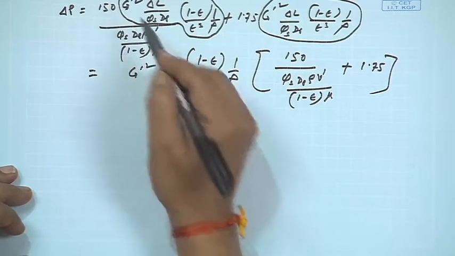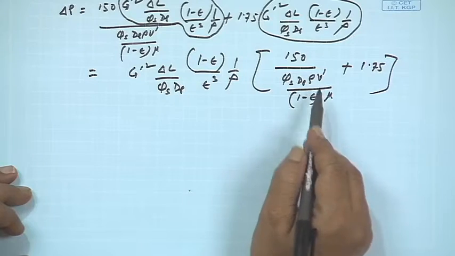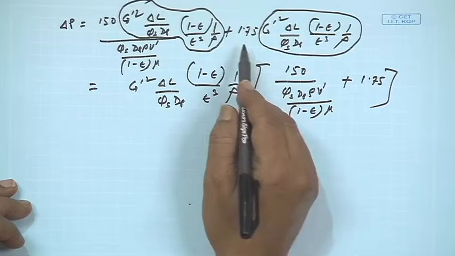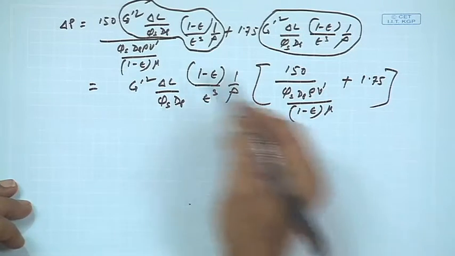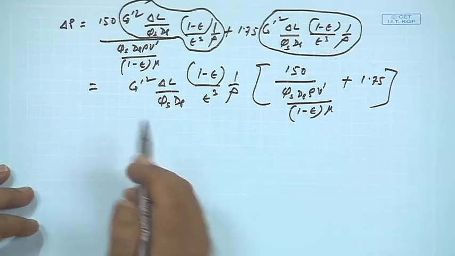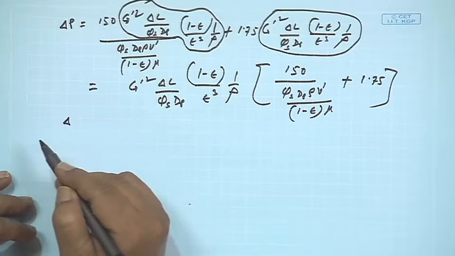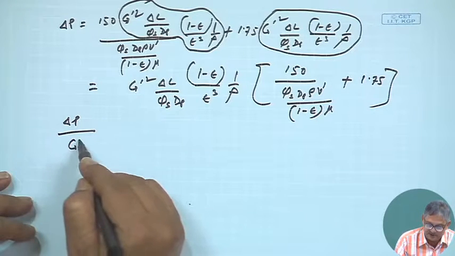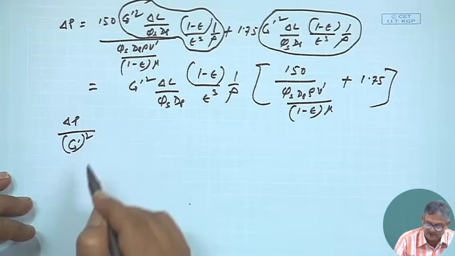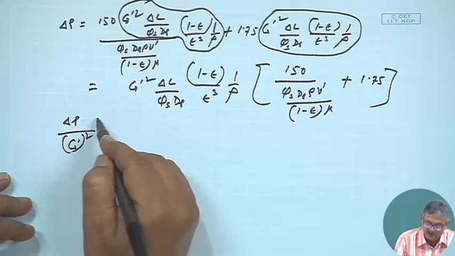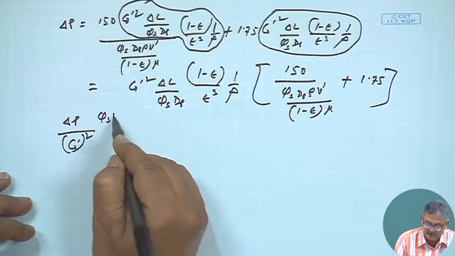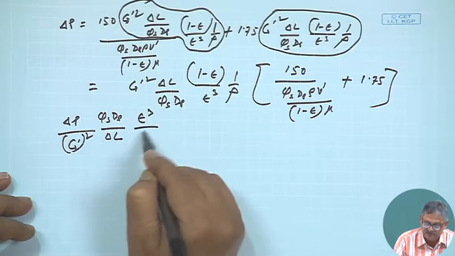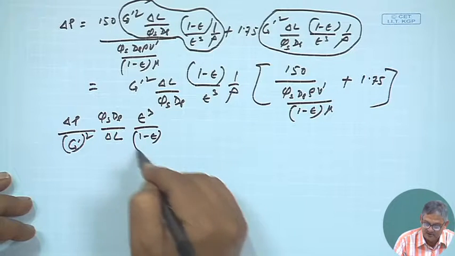So, remained 150 by phi s dp rho v prime by 1 minus epsilon into mu plus 1.75. Now, if we divide and rearrange, then we can write, let us write this way, g prime square here, phi s dp by delta L, epsilon cube by 1 minus epsilon, right.